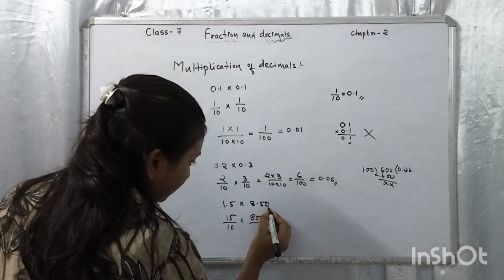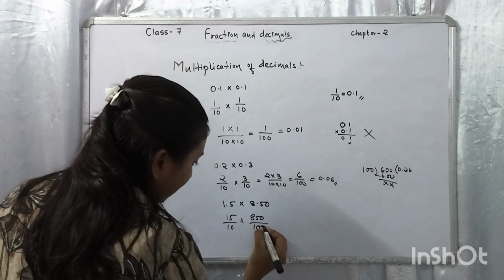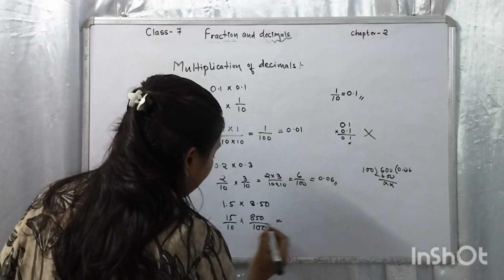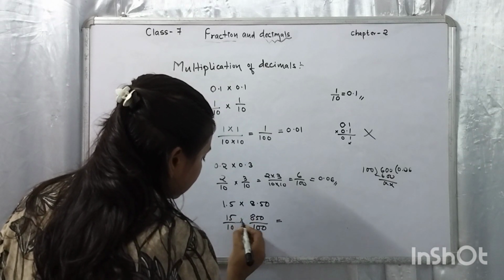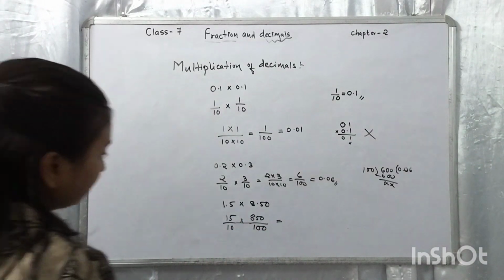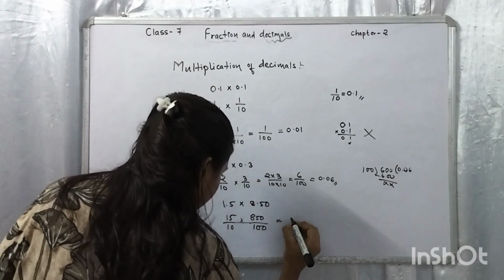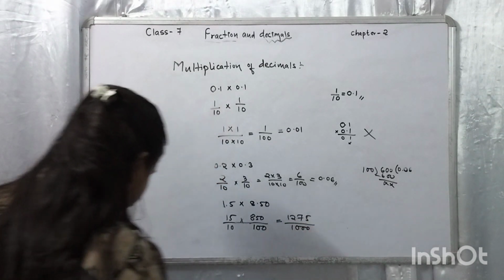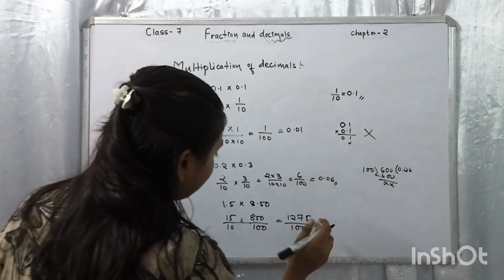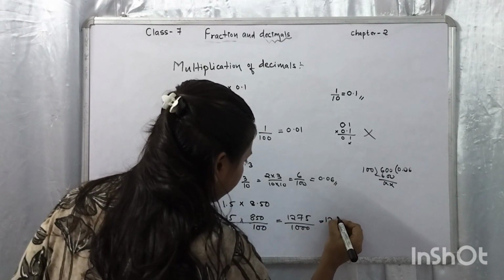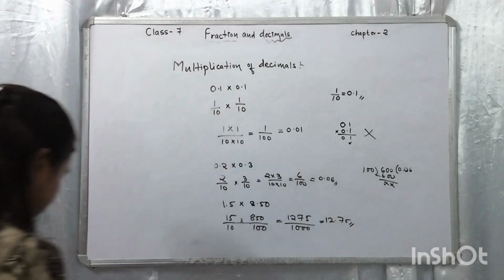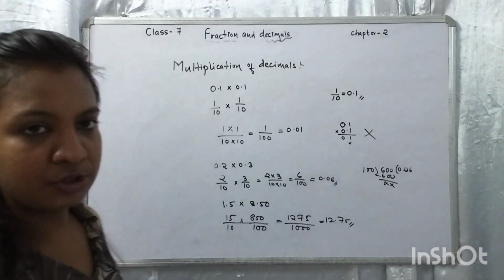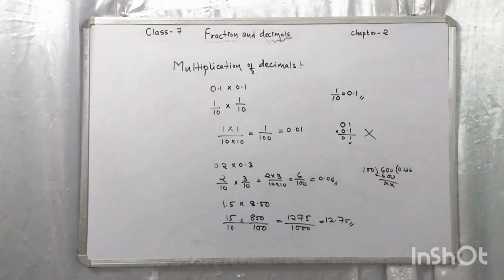How many points have you shifted? 2 points, so you will write 100. Hope this is clear. Now you will multiply it as we studied, 15 by 10 into 850 by 100, that will give you 12750 by 1000. Fine. Now if you divide this, then you will get 12.75. You can divide it to check if you have done it right or wrong.